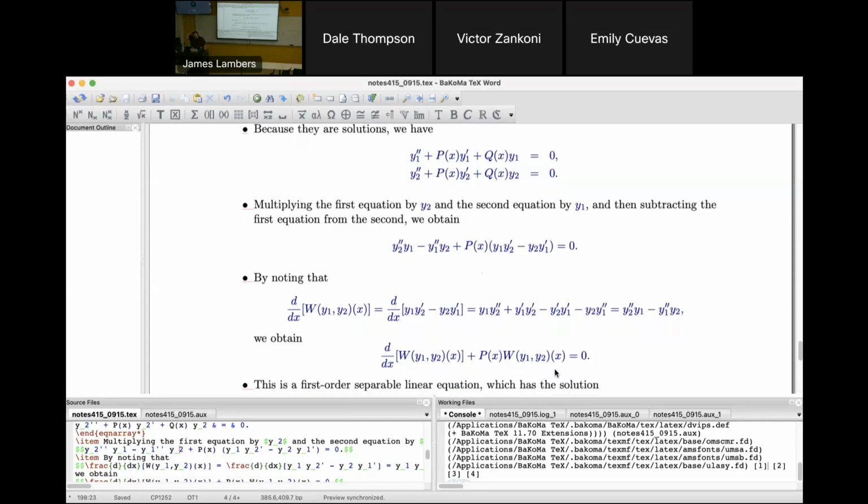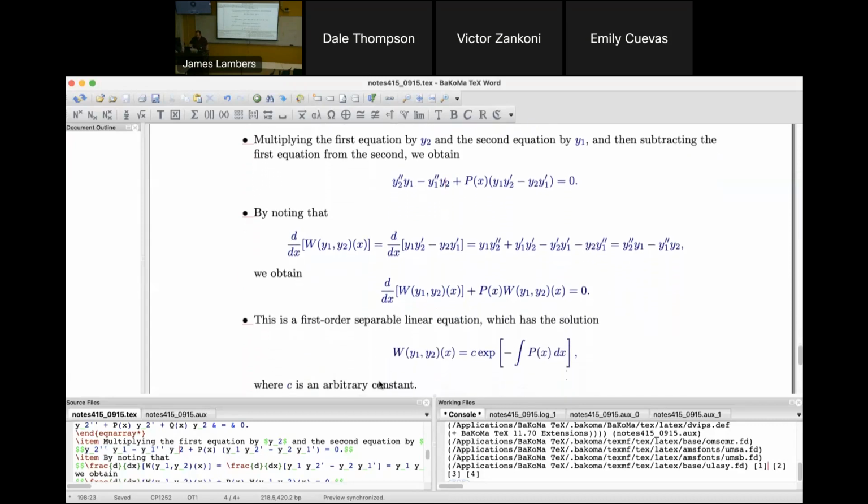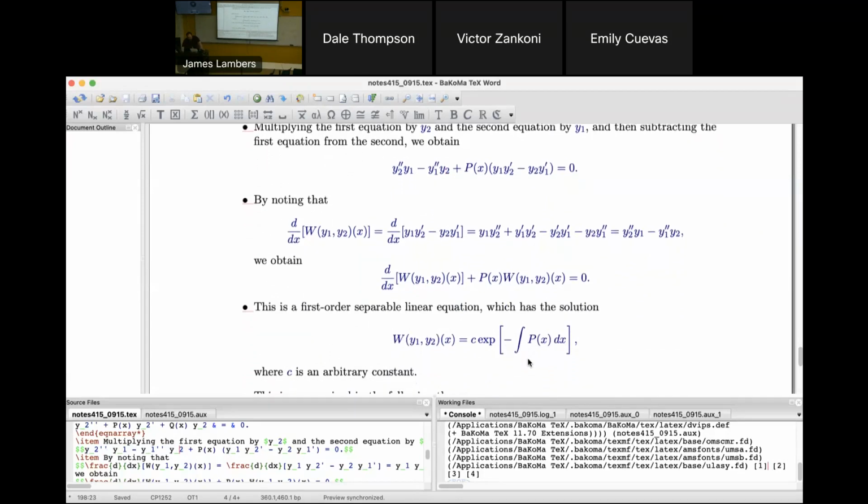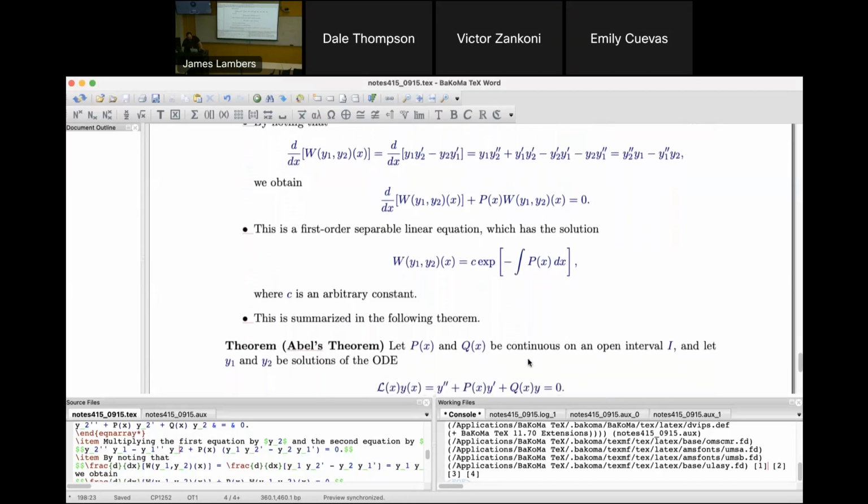So the Wronskian satisfies a relatively simple first order ODE. It's relatively simple because it is separable and it is linear. That's like the nicest kind. I can just write down what the solution is. It's an arbitrary constant times the exponential of the antiderivative of minus capital P. And this is called Abel's theorem.